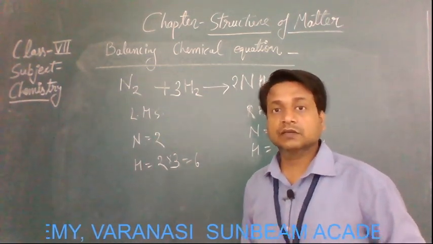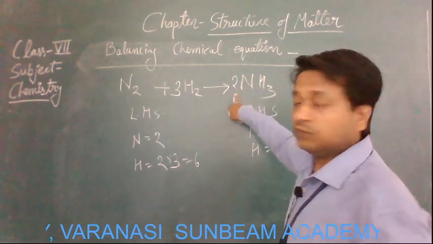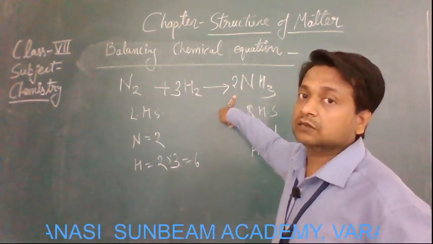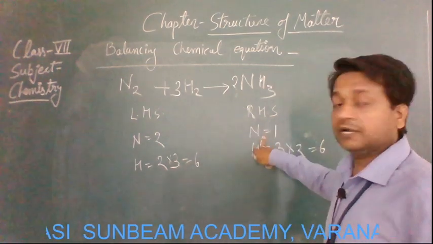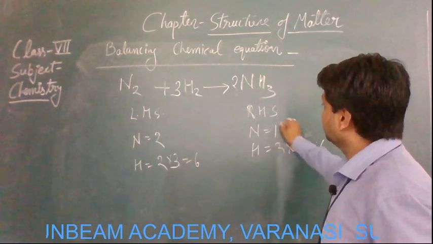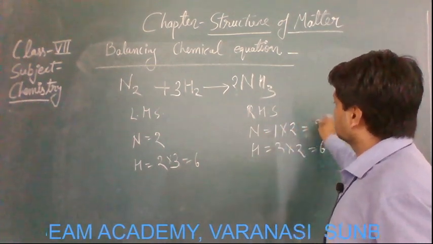Is it clear, children? Now, as we have increased the number of molecules of ammonia, earlier the number of atoms of nitrogen was 1, but now in 2 molecules it will be 2.